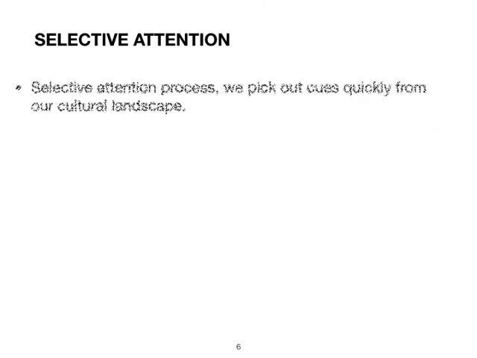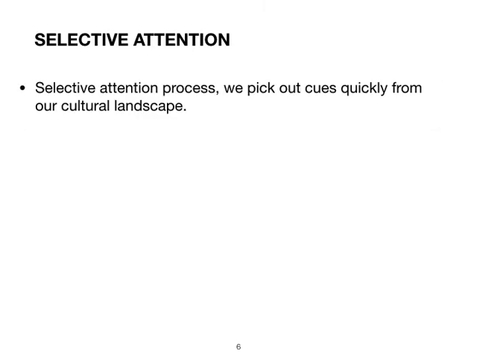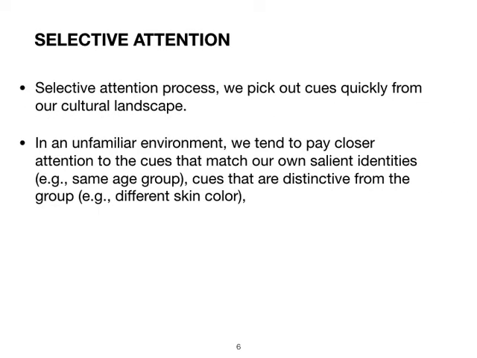Now let's talk about selective attention. In the selective attention process, we pick out cues quickly from a cultural landscape. The cultural landscape is there, we pick from it. And in an unfamiliar environment, we tend to pay closer attention to the cues that match our own salient identities, like the same age group, and cues that are distinctive from the group, like different skin color.